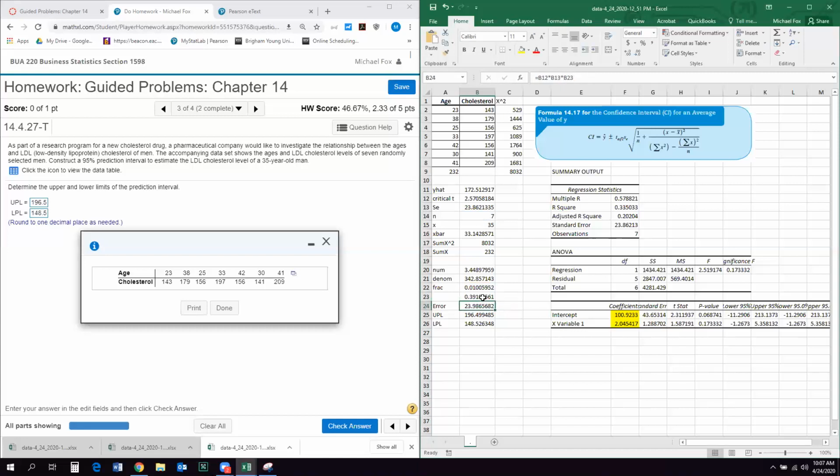So the error should just be critical T times standard error times that. Okay, so I don't see what I did wrong. Which is crazy because I've done this lots of times and I don't know why it's wrong.